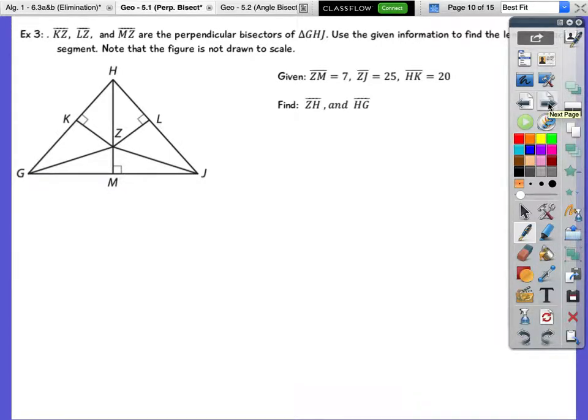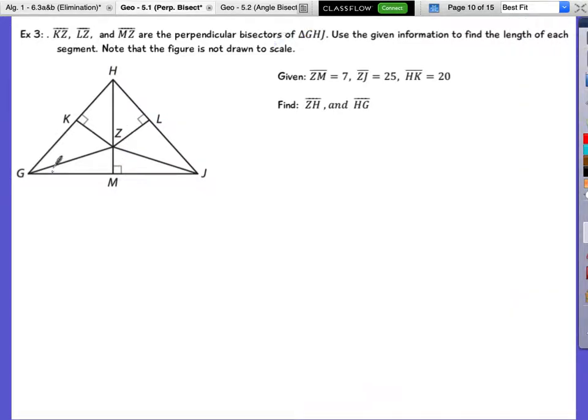So if we look at example 3, segment KZ, segment LZ, and segment MZ are the perpendicular bisectors of the triangle GHJ. KZ is perpendicular and bisects side GH. MZ is perpendicular and bisects side GJ.